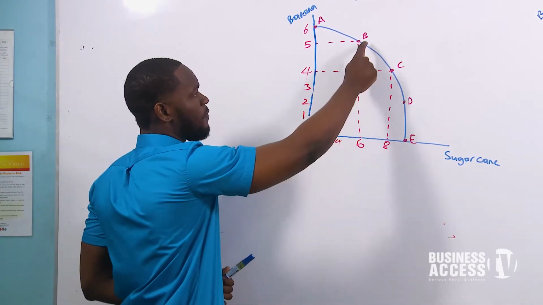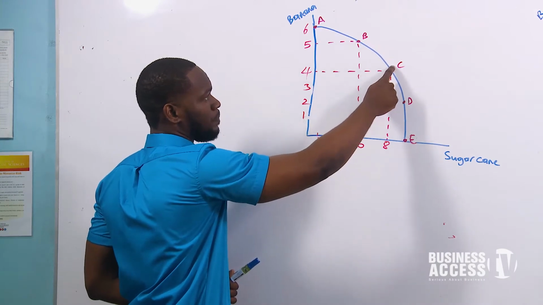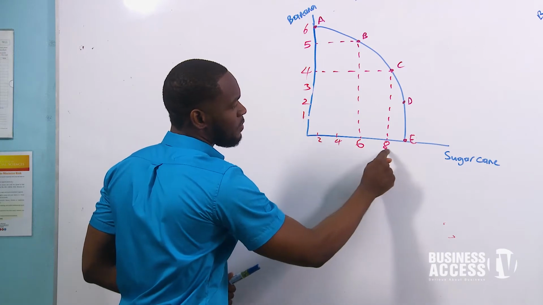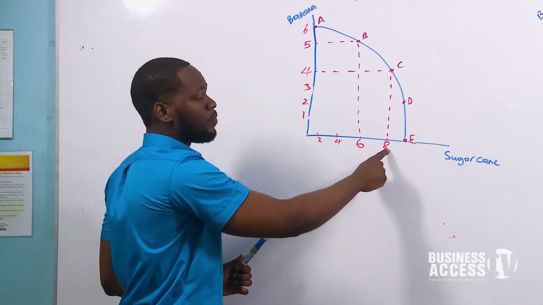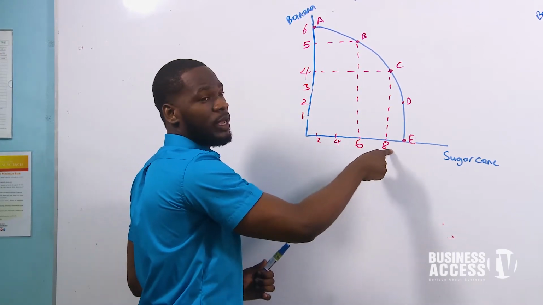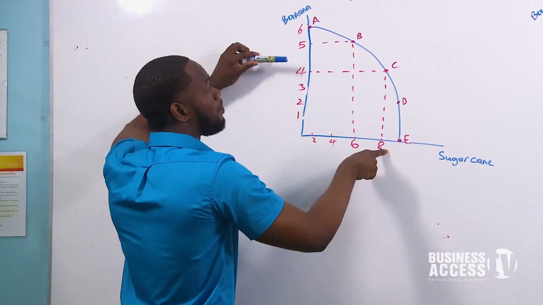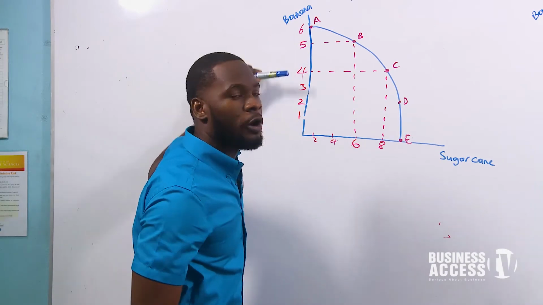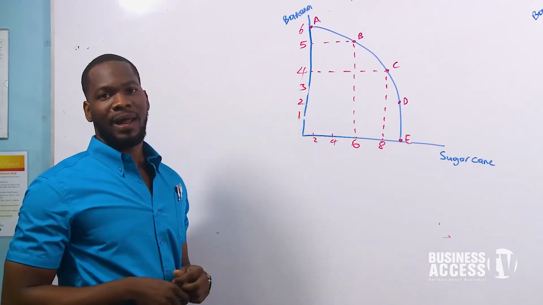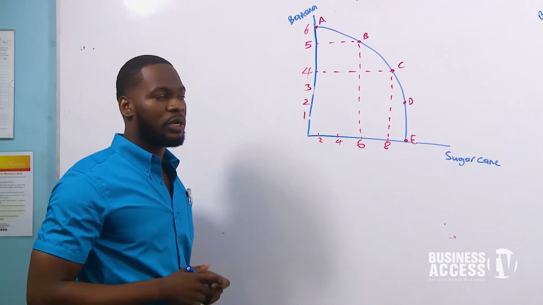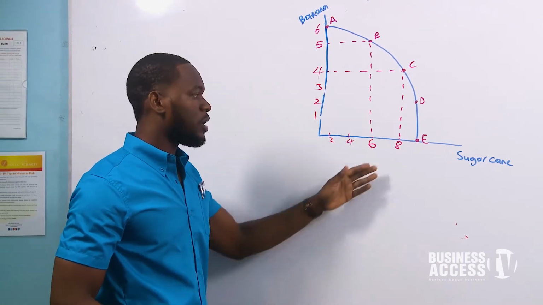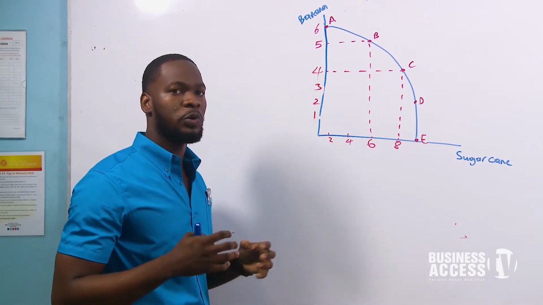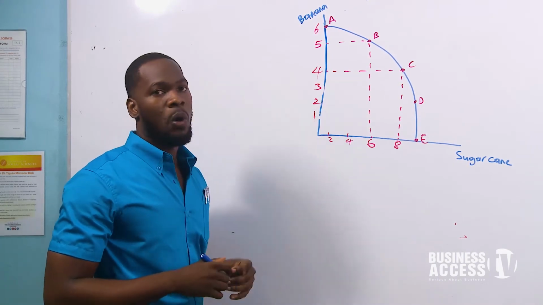So they would move from point B to point C. In moving from point B to point C, they move from 6 to 8 sugarcane. So they gain 2 sugarcane, but what did they give up? At point C, they moved from 5 down to 4. So they have to give up 1 banana. And that's the opportunity cost demonstrated here. To get 2 more sugarcane, we have to give up 1 banana. So the opportunity cost here is 1 banana.